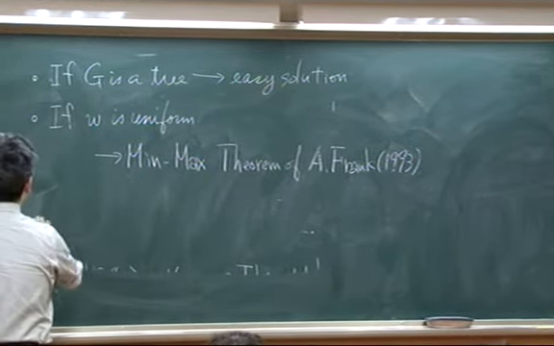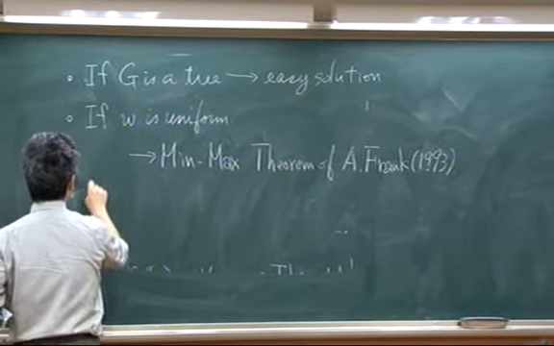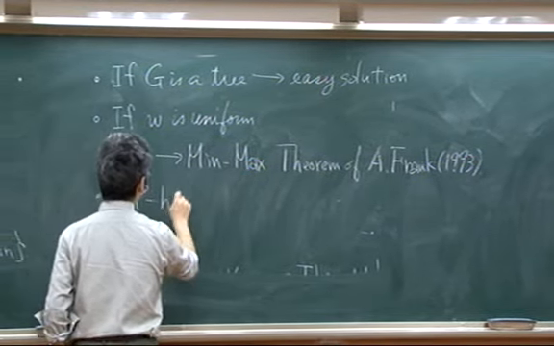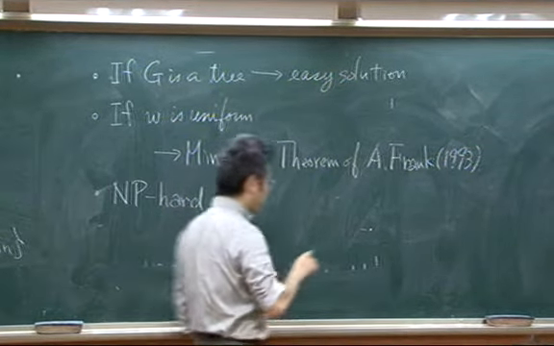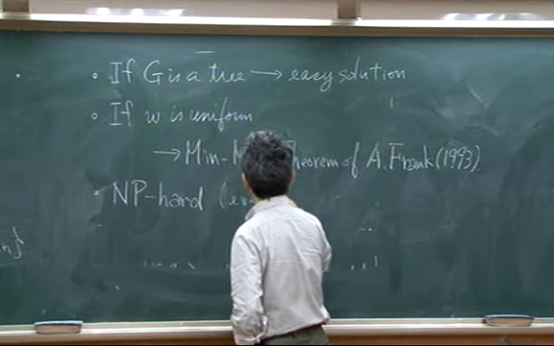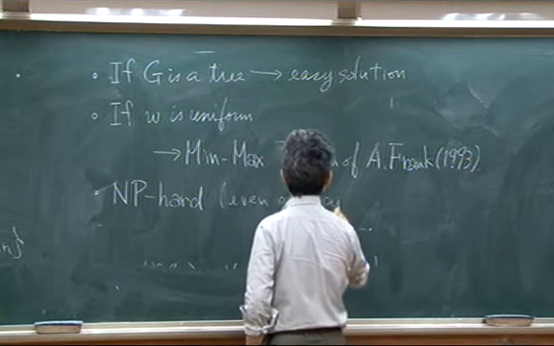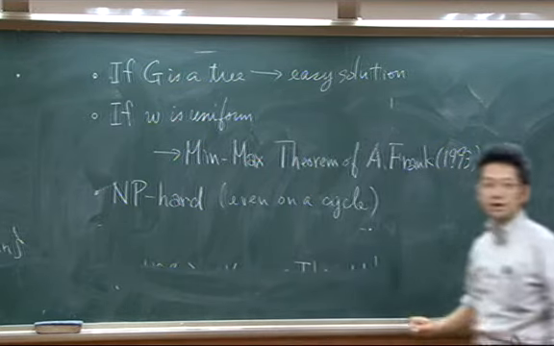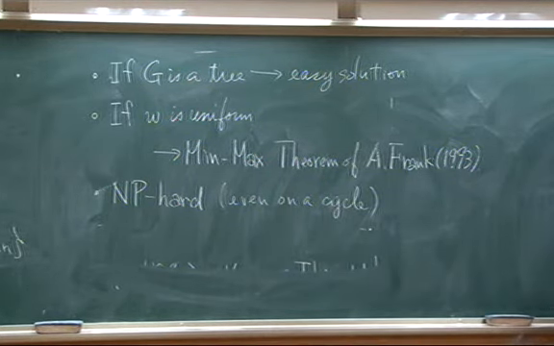However, in general, the problem is NP hard. Actually, it is NP hard even on a cycle. Okay, I will explain this later as well.